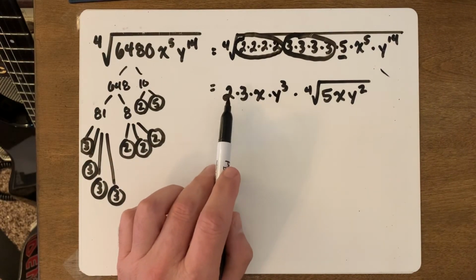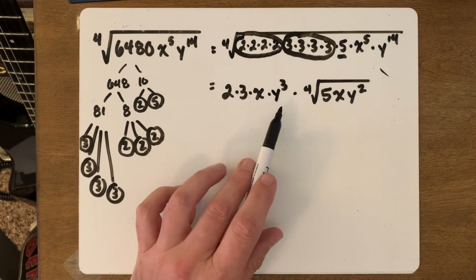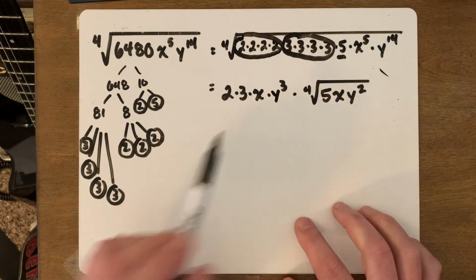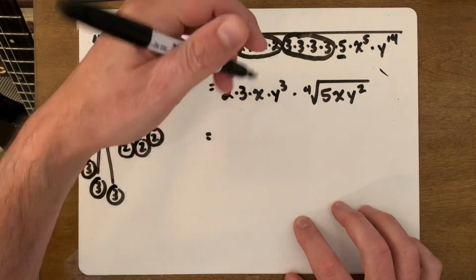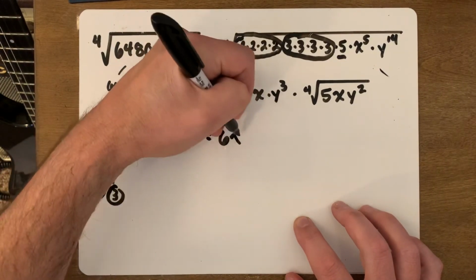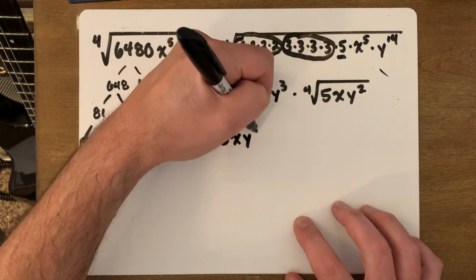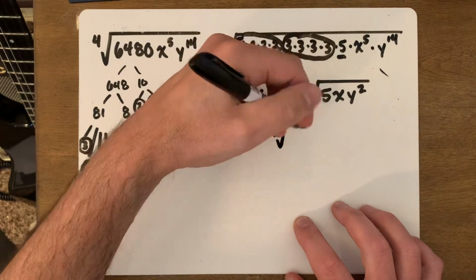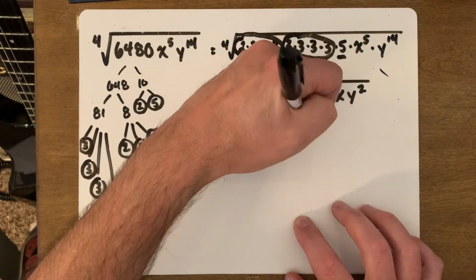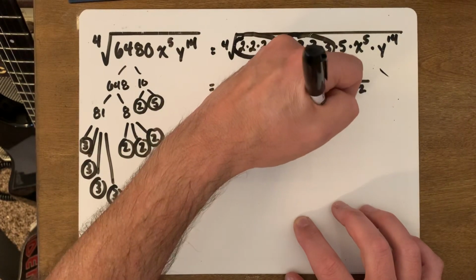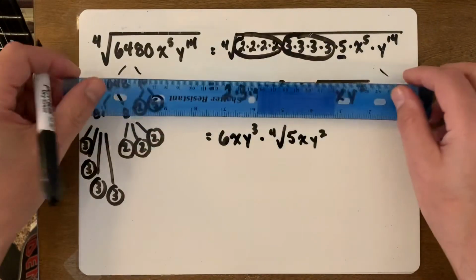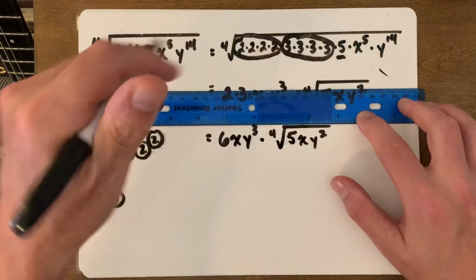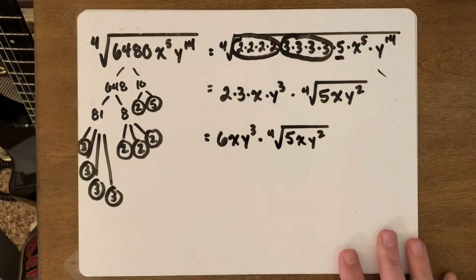Well, not yet. 2 times 3 times x times y cubed, and then this guy trailing along, that's all the leftovers. All right, so let's clean that up one extra time. 6 x y cubed times, and here comes my leftovers, 4th root of 5x y squared. And if I'm going to submit this as my final answer, I'm going to make it look good. And that's going to be my final answer.